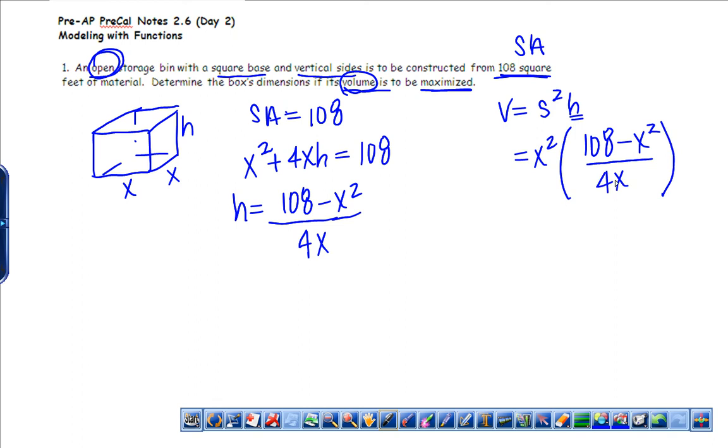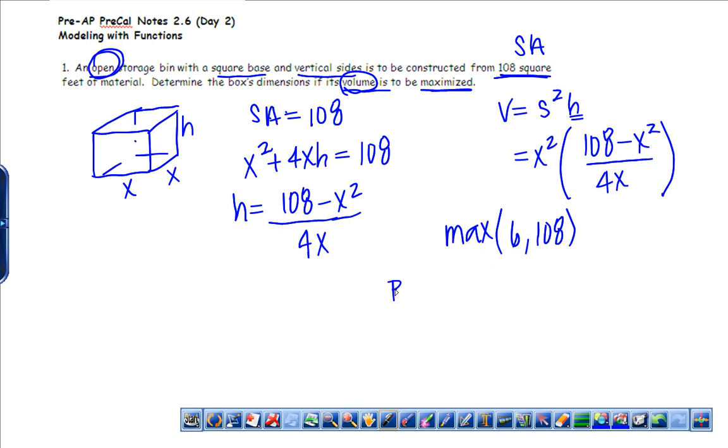And go ahead and simplify your x's if you would like to, or you can go straight to your calculator and find your maximum. Again, you should have a parabola because you have an x squared here. So in order to find the max, I found a max of 6, 108. So what does the 6 represent?